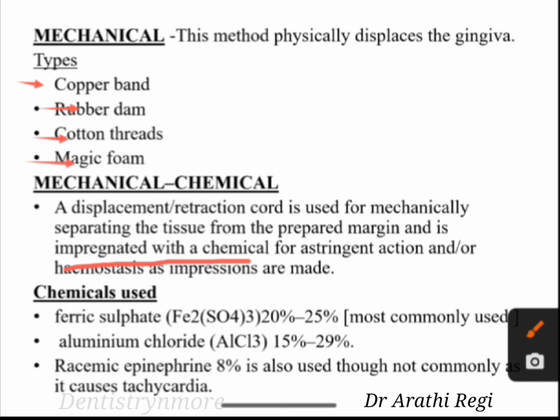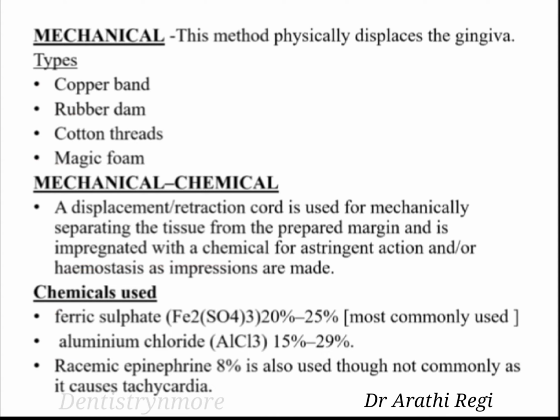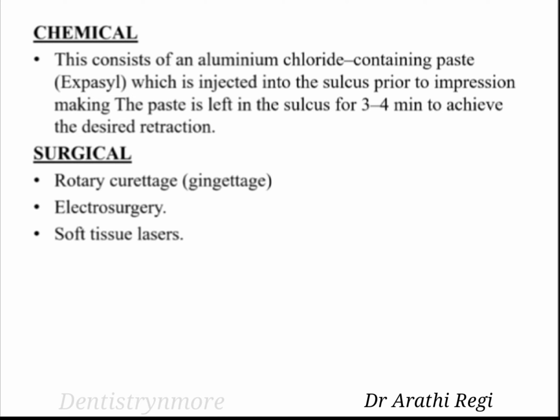So there is both mechanical as well as chemical action, and the major chemicals used are, first one is ferric sulfate, aluminum chloride, and racemic epinephrine can also be used, but it is not commonly used since it causes tachycardia. And next one is chemical.